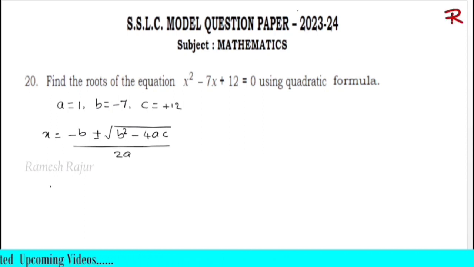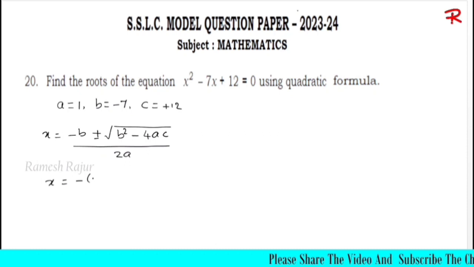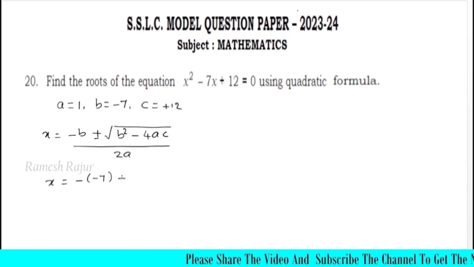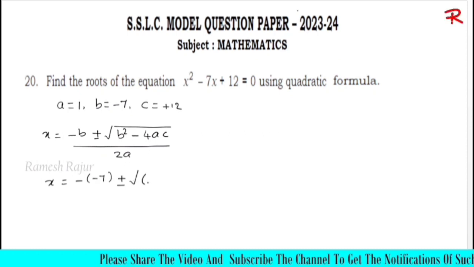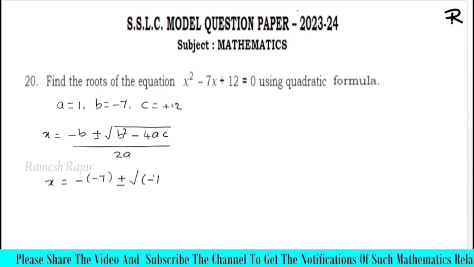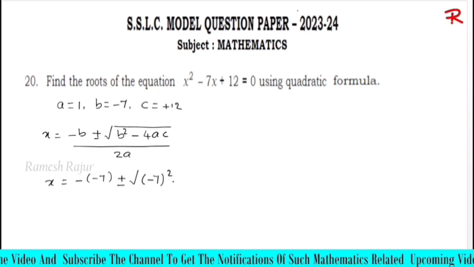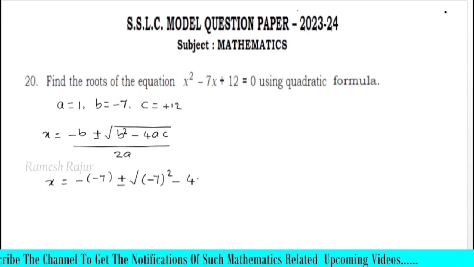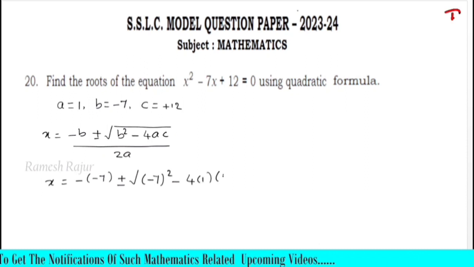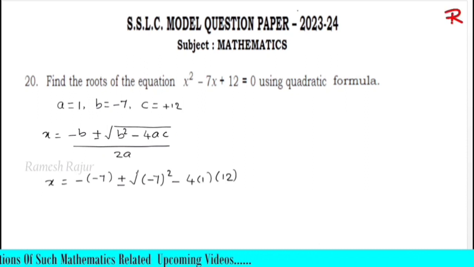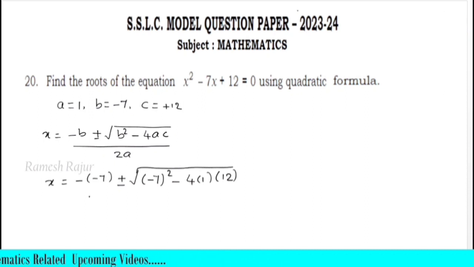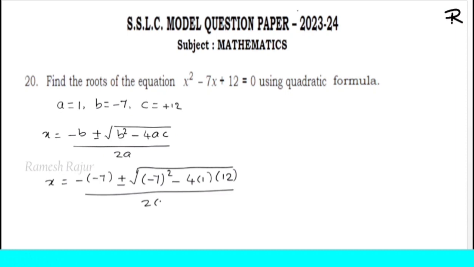Substituting the values of a, b, c in the quadratic formula, that is minus of the value of b, which is minus 7, plus or minus square root of b square, that is minus 7 square, minus 4 into a, which is 1, and c, which is 12, divided by 2a. 2 is 2 and 1 a is 1 here.